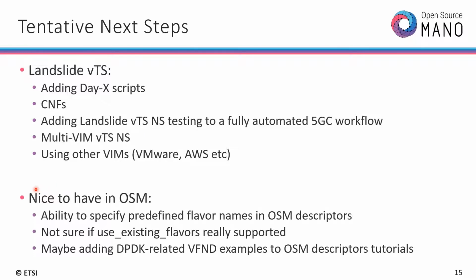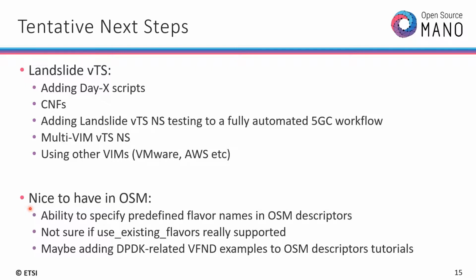Yeah, and some additional things that we could eventually propose to OSM, or some kind of lesson learned, I guess. Today, when we are creating a VNFD, we basically have to specify every time the requirements of the CNF, in terms of CPU, memory, and all those things.